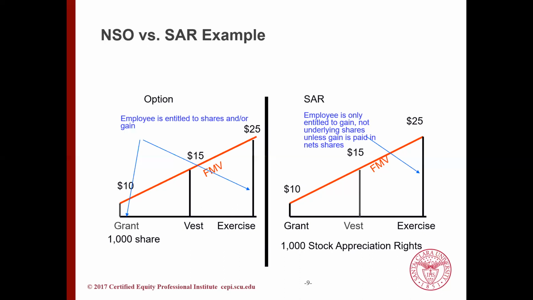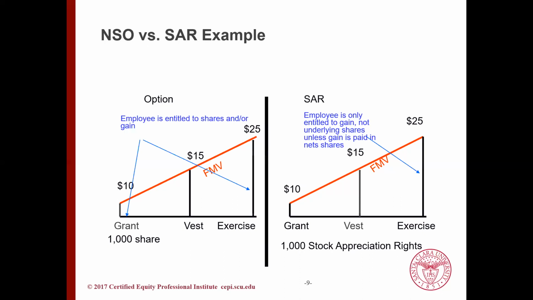Meanwhile, her coworker received a stock appreciation right for 1,000 shares at $10 per share. The coworker exercises at the same time as the employee with the non-quals did. Fair market value is $25 per share. That coworker only has two options, assuming the stock appreciation right can be settled in cash or shares.